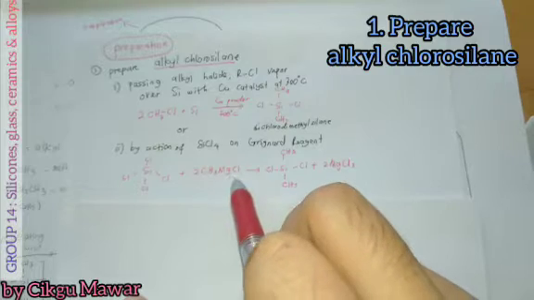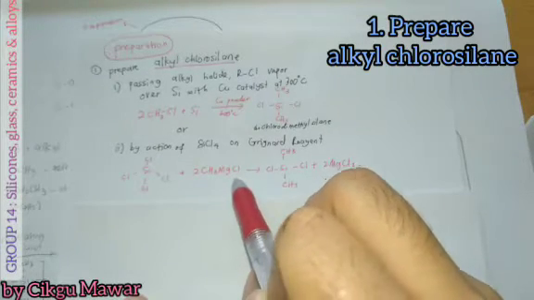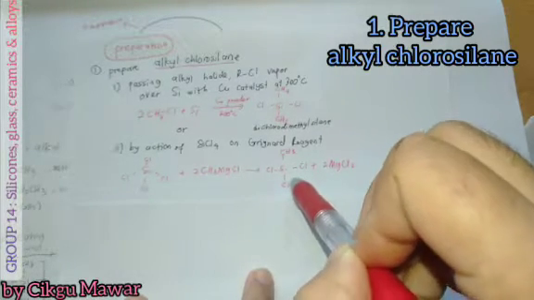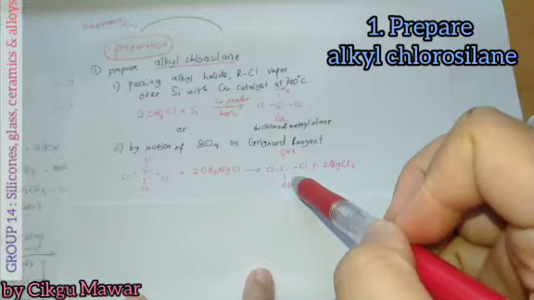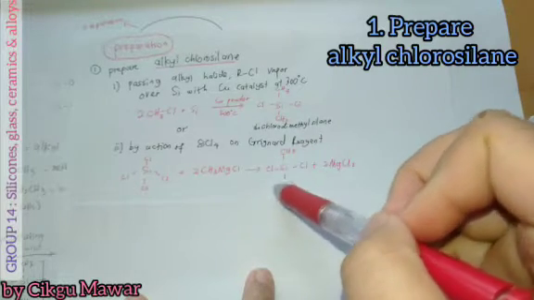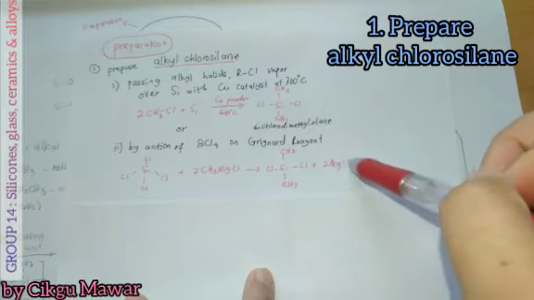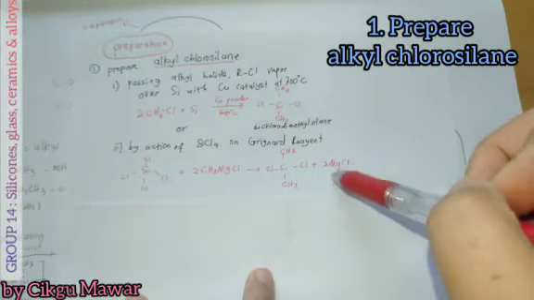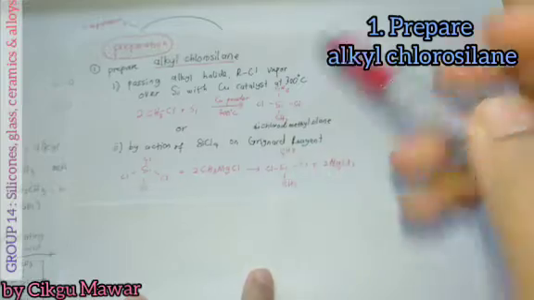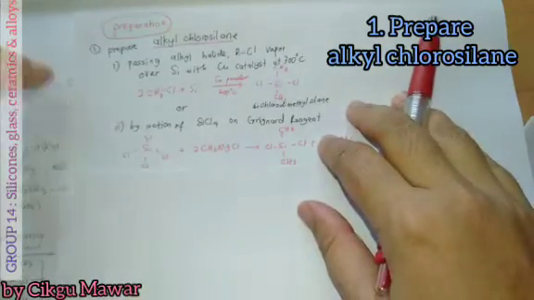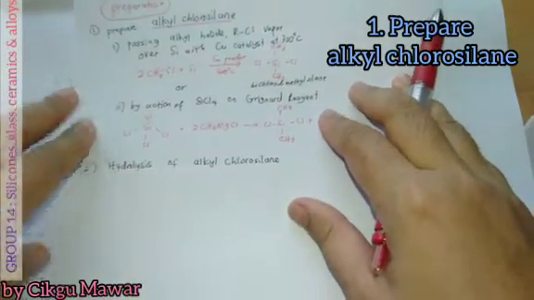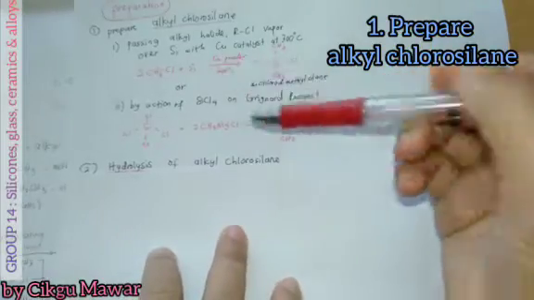We react it with the Grignard reagent and then we get the alkyl chlorosilane that we want, dichlorodimethylsilane. This is the side product from the Grignard reagent. So this is the first step in the formation of silicones.